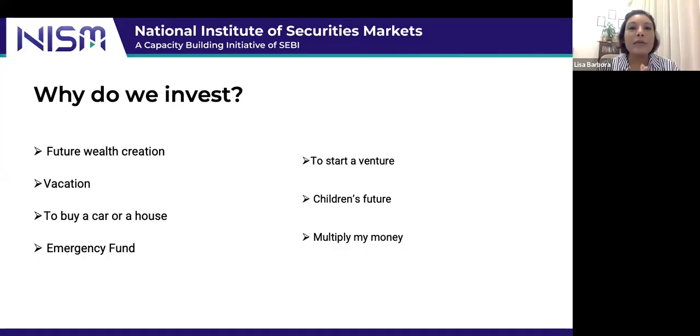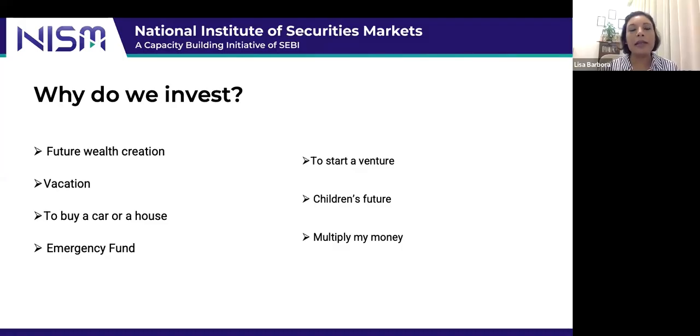So, just wanting to multiply your money is also a goal for which you need to invest. There's nothing wrong with that. You don't have to have concrete goals. Yes, concrete goals are easier to imagine, like buying a house or buying a car or something like that. But even other goals don't have to be so well defined.